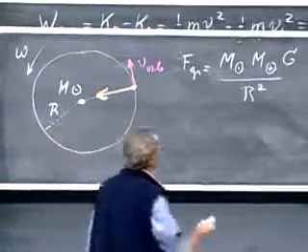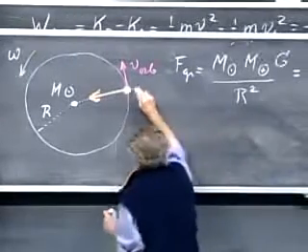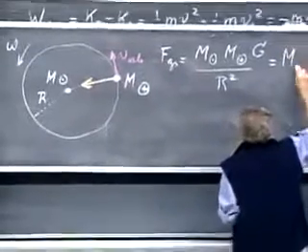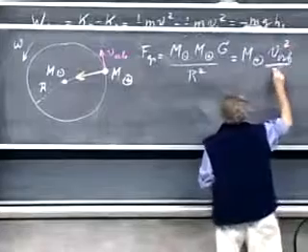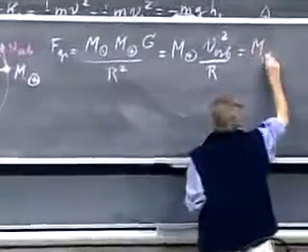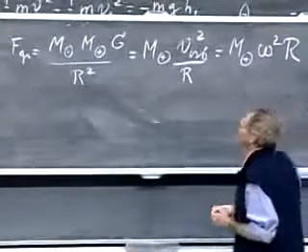But it also must equal the centripetal force, which is the mass of the Earth times the orbital speed v squared divided by the orbital radius, and if you prefer to write that in terms of omega squared r, that's fine too.